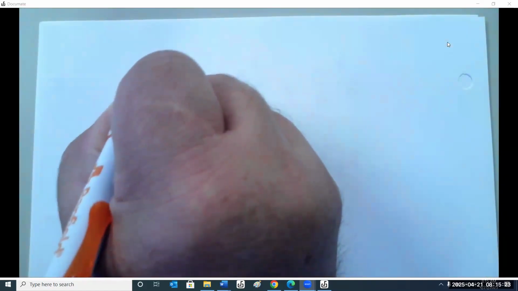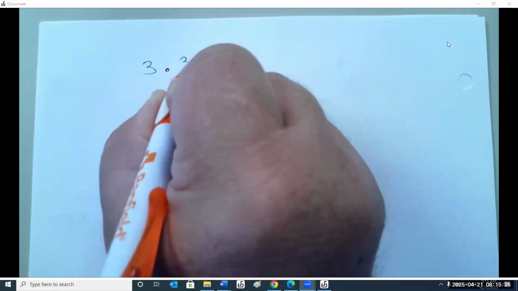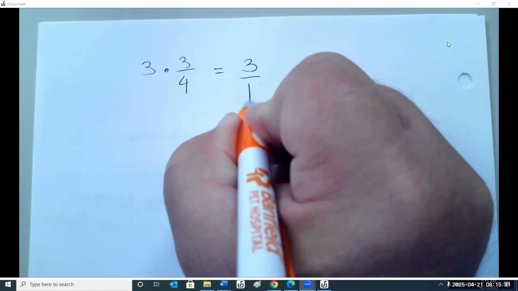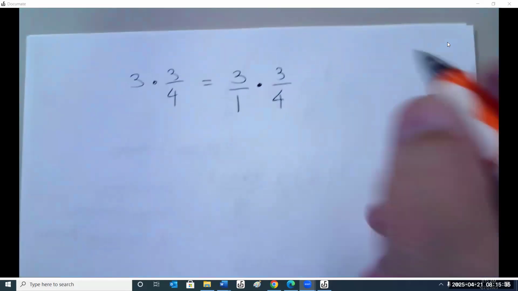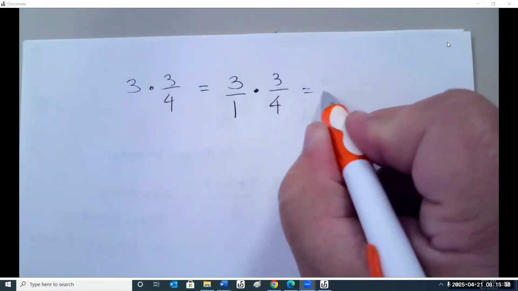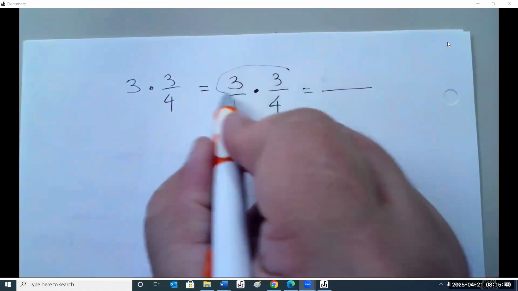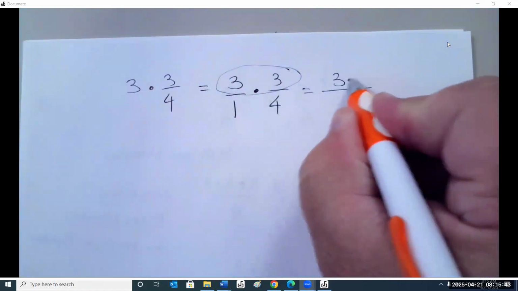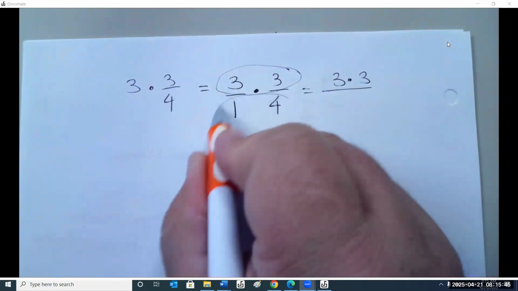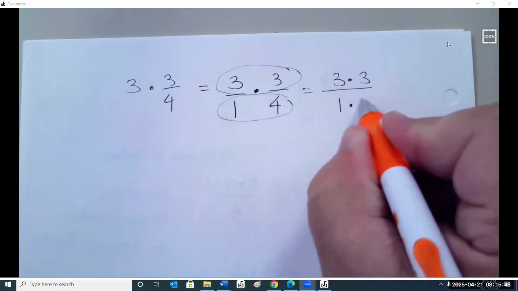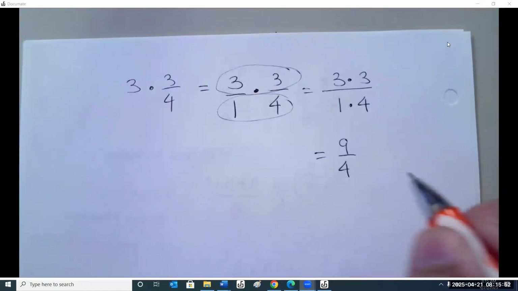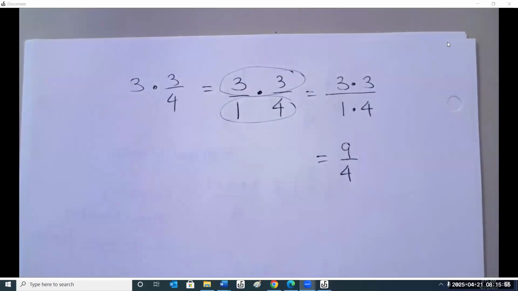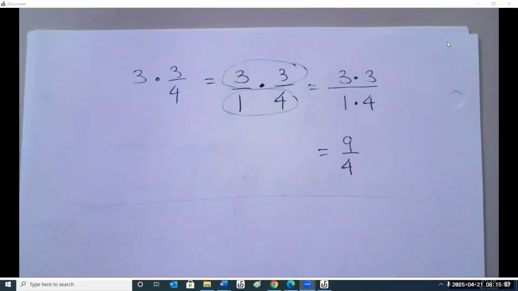So 3 times 3/4 is the same thing as 3/1 times 3/4, which is the top numbers multiplied together and the bottom numbers multiplied together. Easy enough.